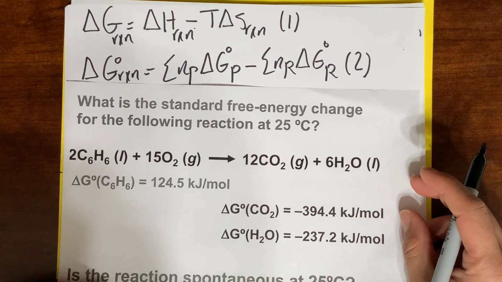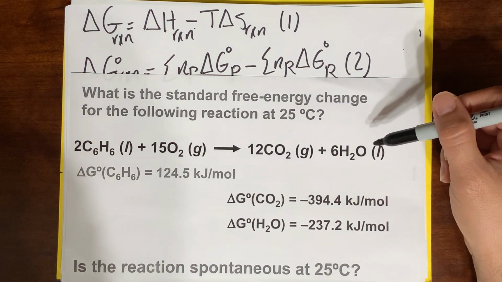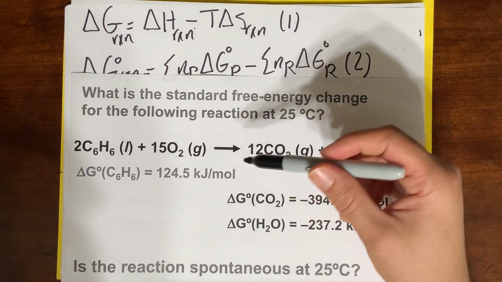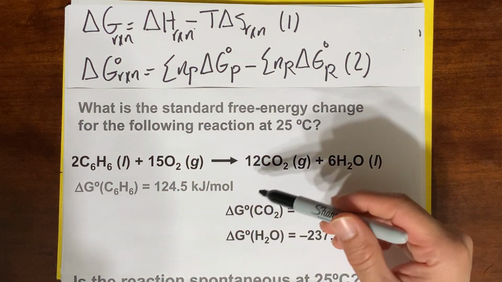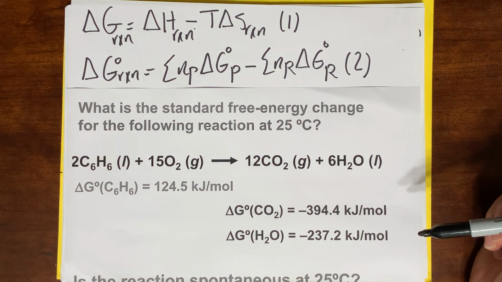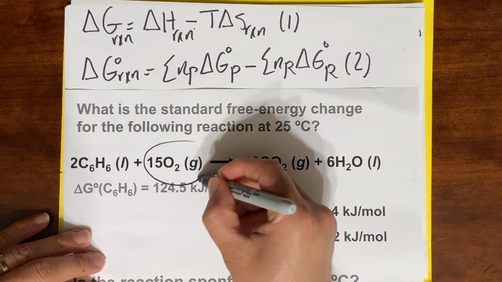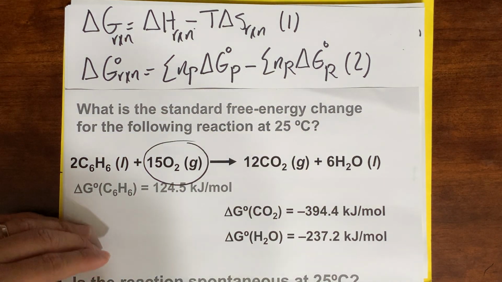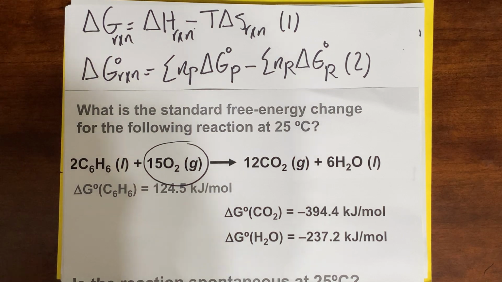Here's a question. You are given a balanced reaction. Delta G for any one is given. They're asking what's the delta G of the reaction. The only one that is not given is O2. The most stable phase is going to be the reference.